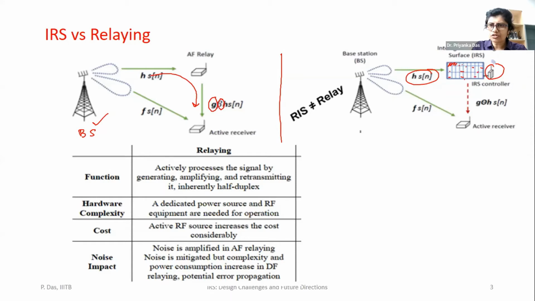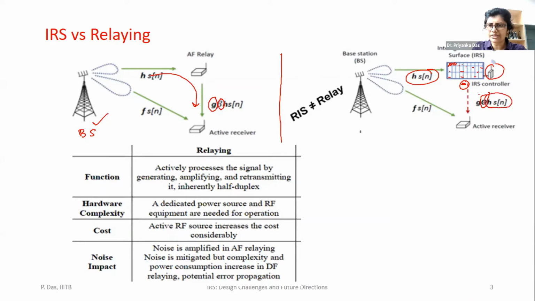Now the IRS controller will set this reflection coefficient matrix, big theta. Theta tells you what the phase shift of these individual coefficients should be, depending on the channel strength of various links. The H into Sn is already there as an incoming signal.